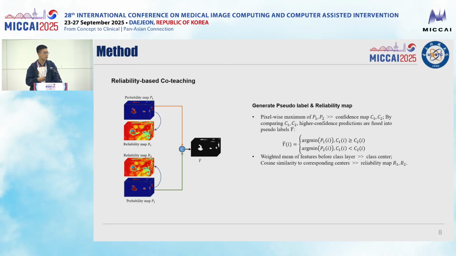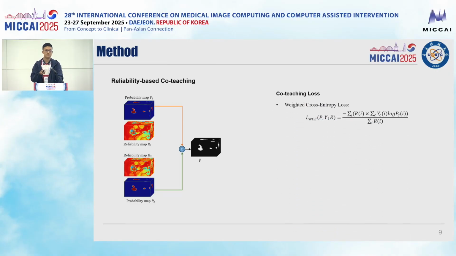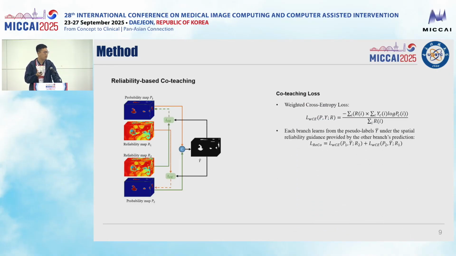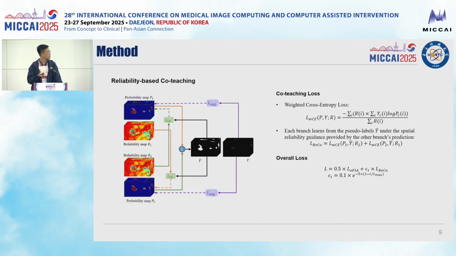Finally, we get the reliability maps. By utilizing the weighted cross-entropy loss, we can learn from the pseudo-labels under the reliability guidance. So the overall loss is the combination of the co-teaching loss and the loss for the partial instance annotation.